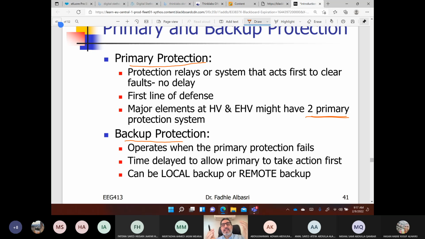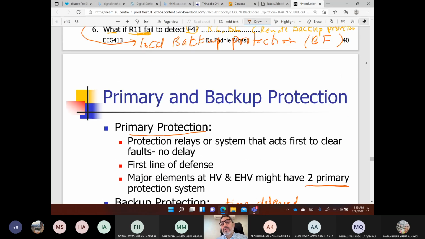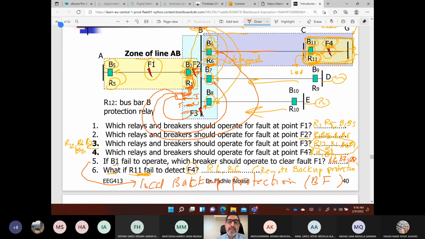So backup is dedicated, it's always time delayed. Why? Because I will always want the primary to act first. If the backup acts, sometimes we lose more than one thing. If the breaker failure is here, I have to also disconnect this line.